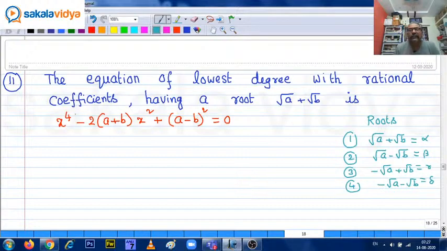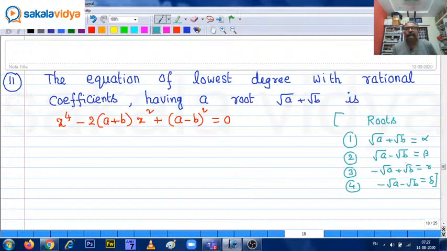That means we will be getting a biquadratic equation. Instead of writing all these things, which becomes very lengthy, we can expect the roots. If one of the roots is root a plus root b, where root a, root b are surds themselves, then root a plus root b is one root, root a minus root b the other root, minus root a plus root b another root, and minus root a minus root b is the fourth root.